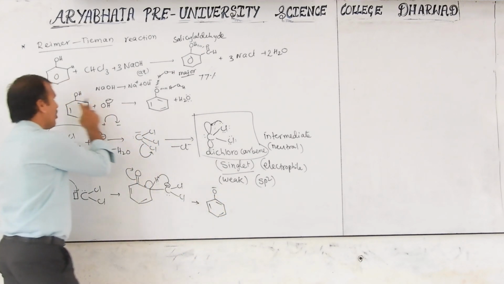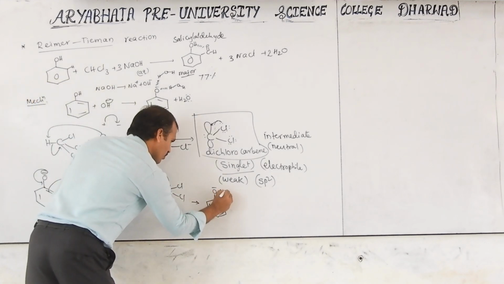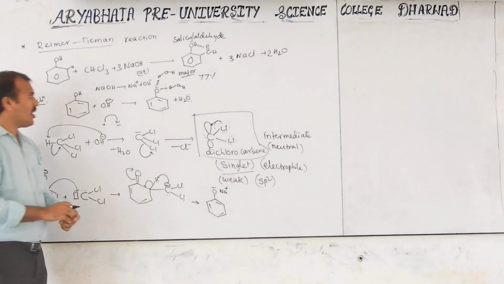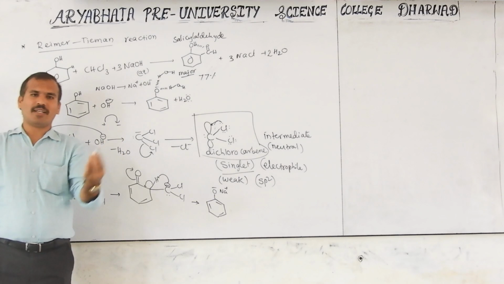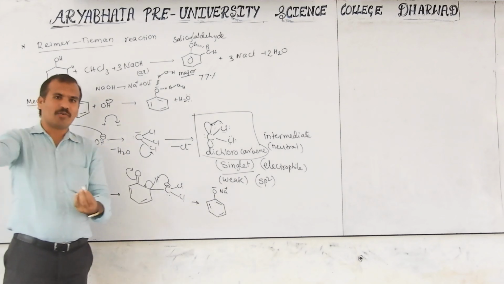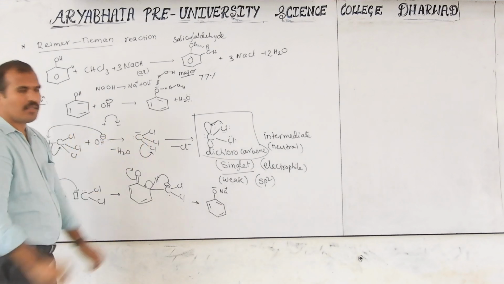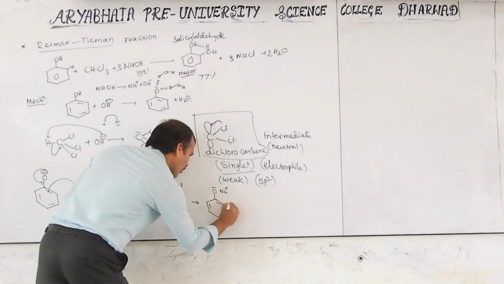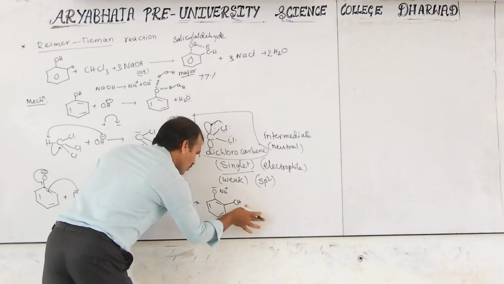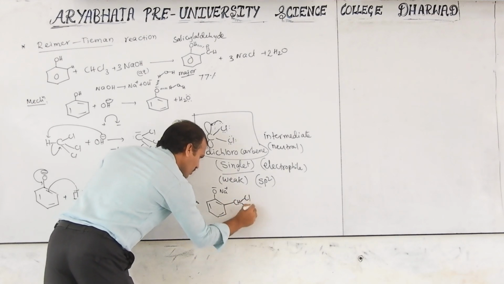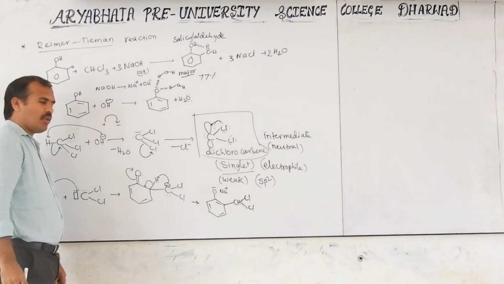When O minus is there, any plus comes near this negative charge. Any plus is here because this reaction is carried out in a test tube only, so it will not be outside, it is present inside only. When the negative charge comes, it immediately attracts. Next, CHCl2, and this H will be again Cl.